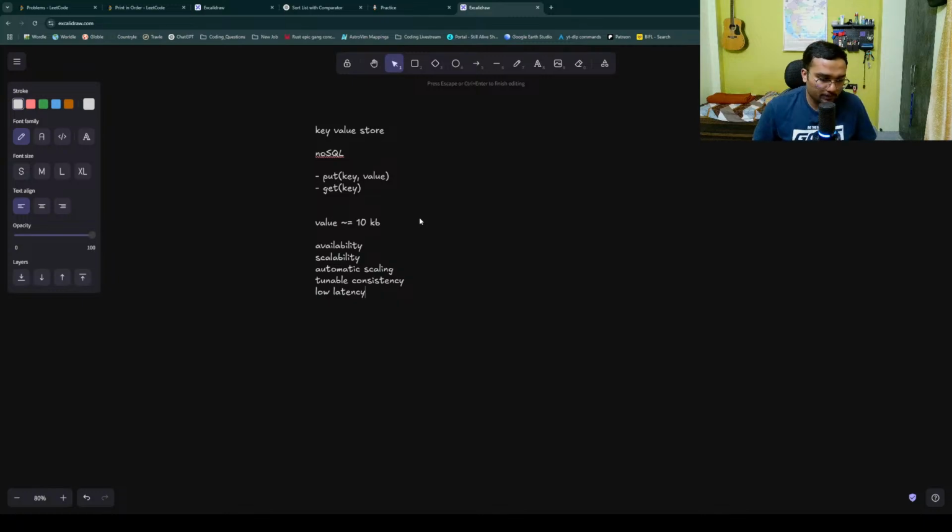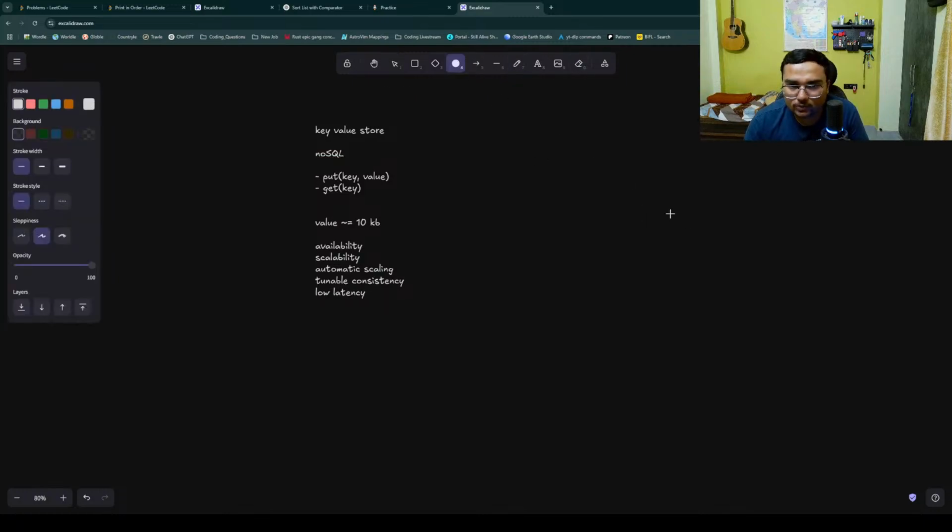Distributed key value store: a key value store present on multiple servers, but before that, let's understand the CAP theorem. Okay, we are getting deep into it. So the CAP theorem is basically three circles which do not have a common intersection point.